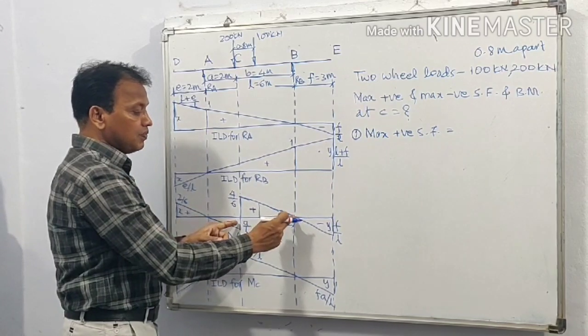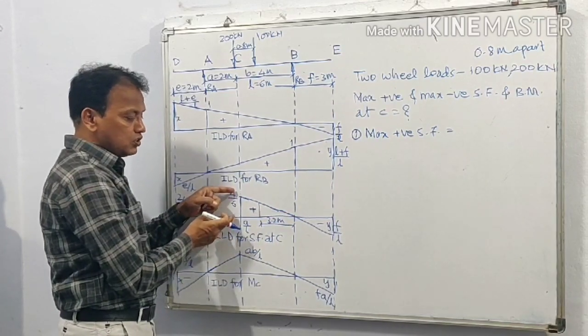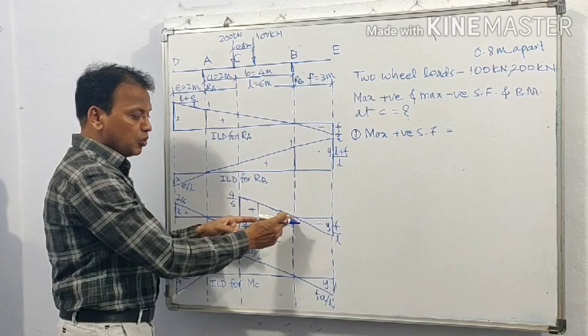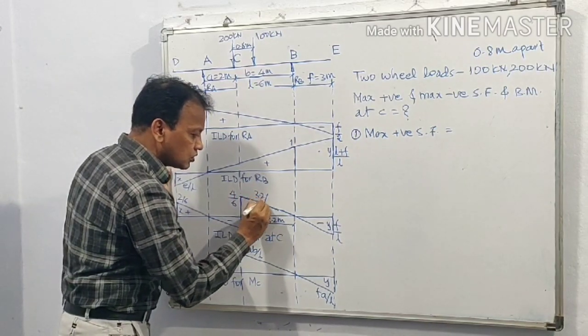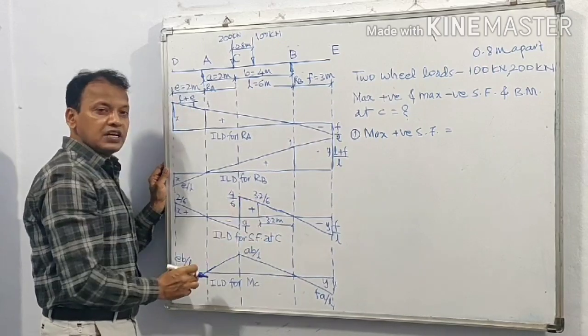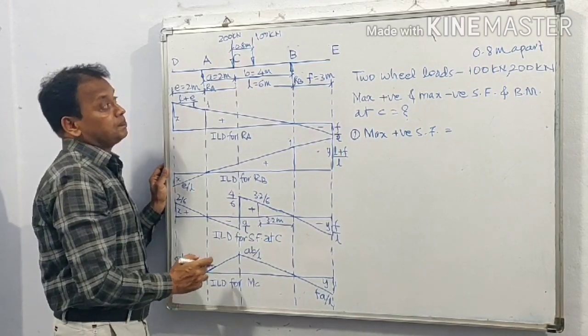So for length 4 meter, it is 4 upon 6. For length 3.2 meter, this ordinate is 3.2 upon 6. So we are getting this ordinate as 3.2 upon 6.